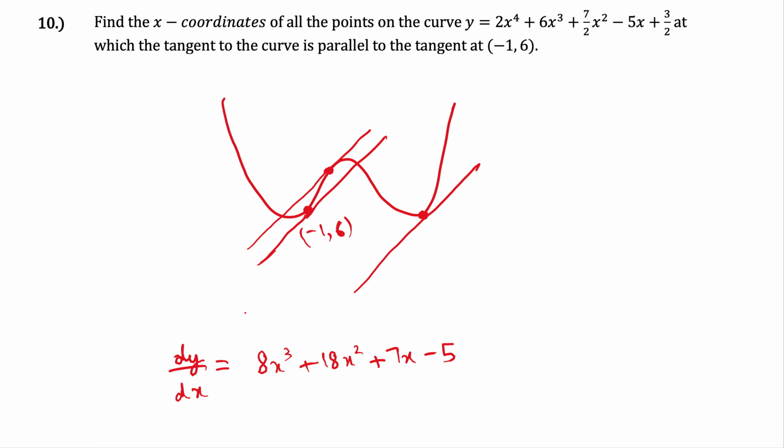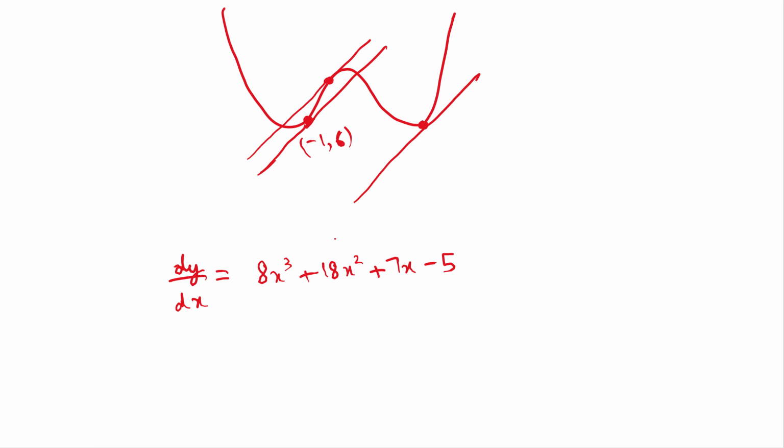And now let's find the gradient of this tangent at this point. To find the gradient, we can just substitute -1 for x. I will denote the gradient with m. So m, the gradient of the tangent, will equal 8(-1) cubed plus 18(-1) squared plus 7(-1) minus 5, and this will equal -2.